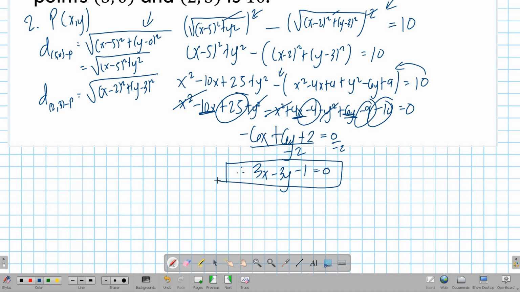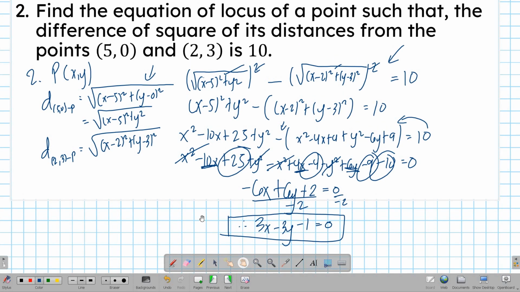So ito ngayon yung equation na would represent the locus of points such that the difference of the squares of the distances from the points 5, 0 and 2, 3 is 10. So those are the concepts behind the equation of a locus.